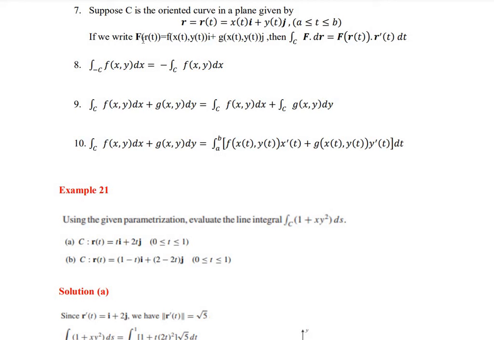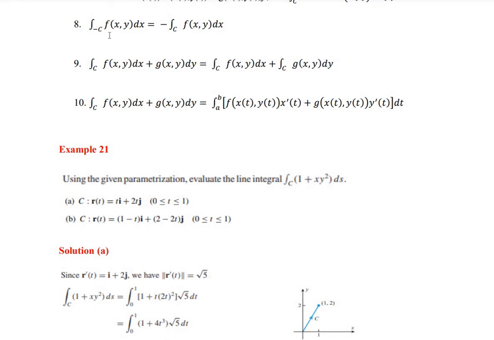If we write f of r of t is equal to f of x of t, y of t i cap plus g of x of t, y of t j cap, then integral C vector f dot vector dr is equal to integral of f of vector r of t into vector r dash of t dt.